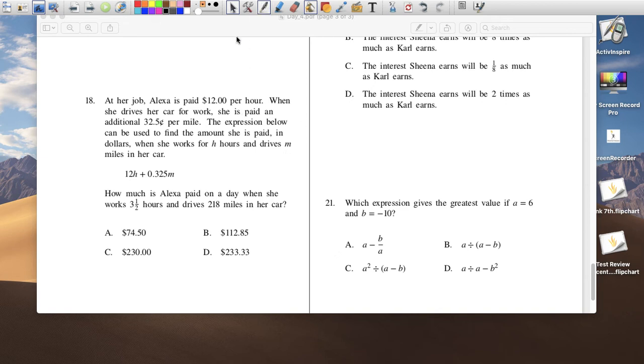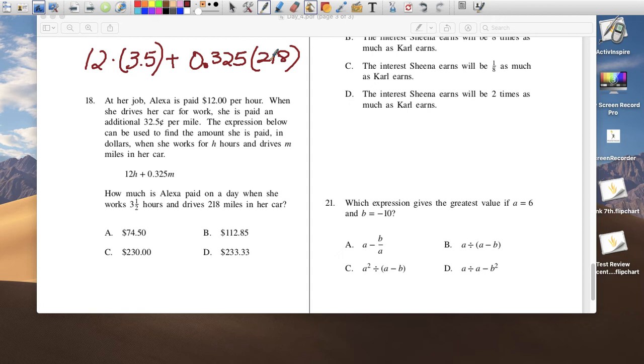So remember, it's 12 times, we're going to multiply how many hours did she work? 3.5, and I'm just going to write it as a decimal. Plus, every mile that she drives she gets this much, I guess, for gas compensation. And how many miles did she drive? She drove 218 miles. Okay, it's not much of a challenge here.